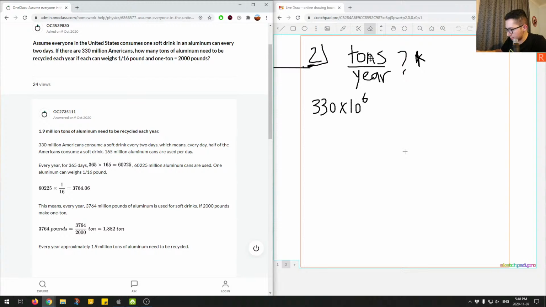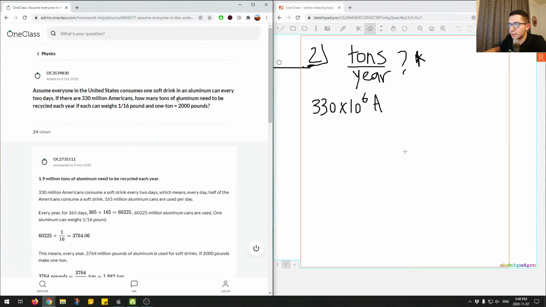So we know this is Americans, so I'll write A for Americans. And then the next component, one soft drink in an aluminum can every 2 days. So I'll say times 1, and I'll put these vertically on top of each other. We'll say 1 can per 2 days.